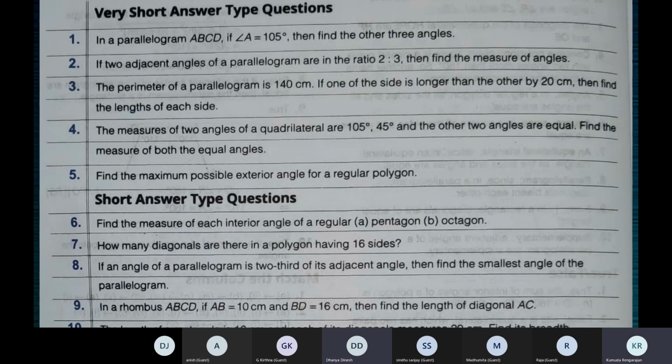Ma'am, one side is 25 centimeters, the other side is 45 centimeters. 25, 25, 45, 45. Yeah, correct.